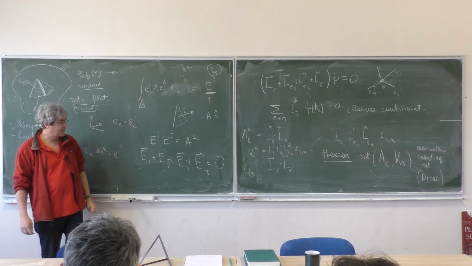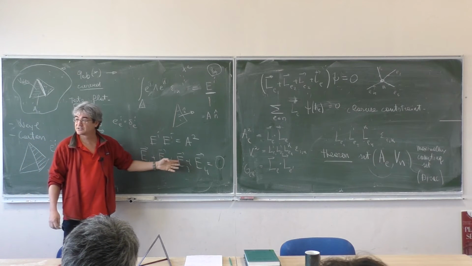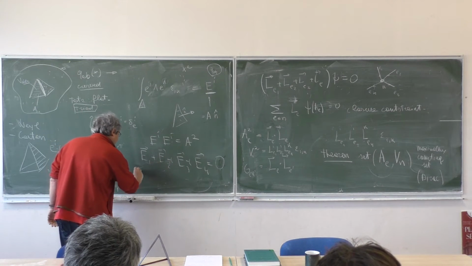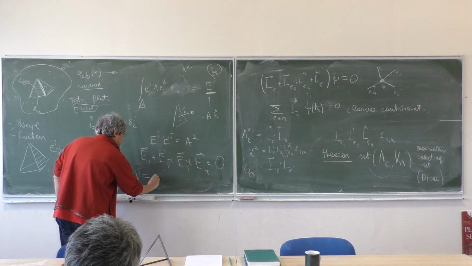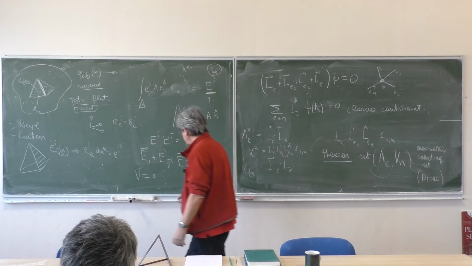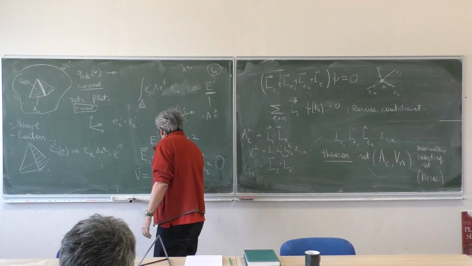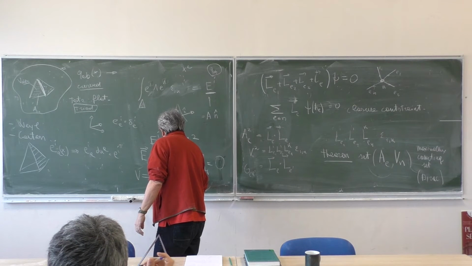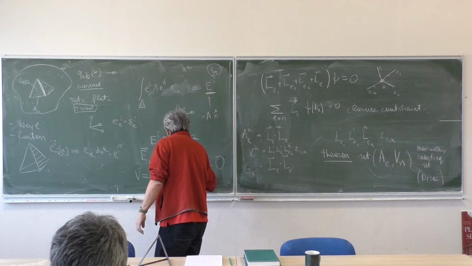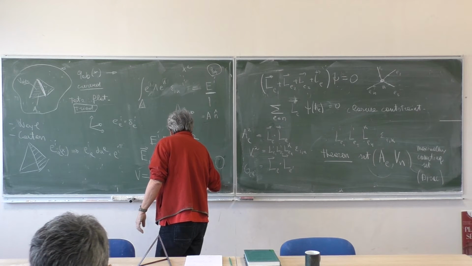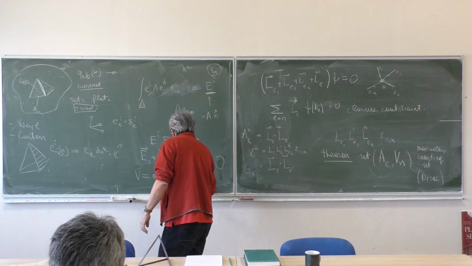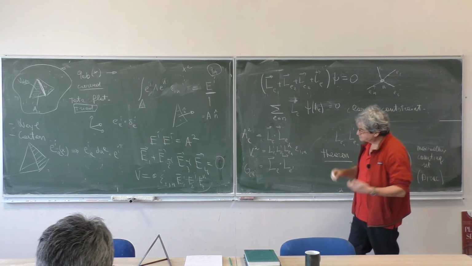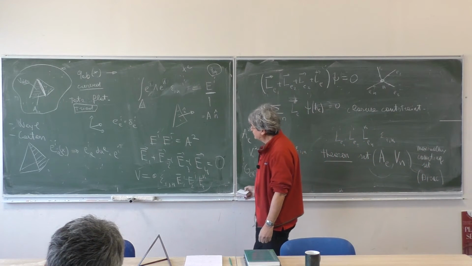So you must construct a scalar out of 3 vectors, which is invariant under rotation. There's only one possibility. So the volume should be some number, which we can figure out easily, times epsilon^{ijk} E_i E_j E_k for 1, 2, 3, for 3 of these. And the number, let's see if we can work out the number.